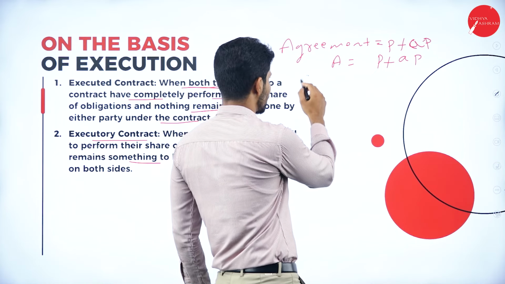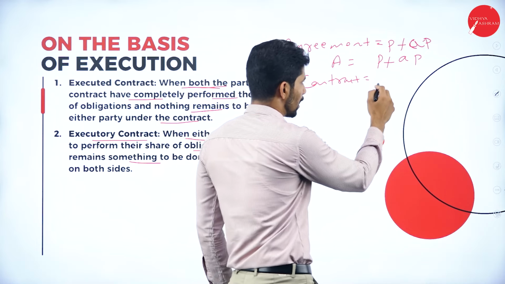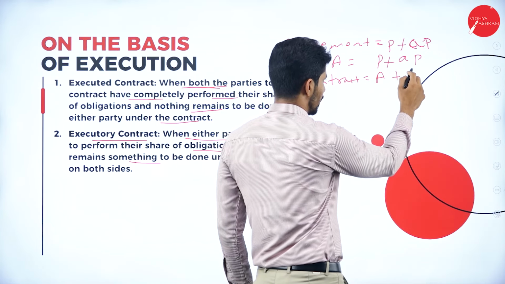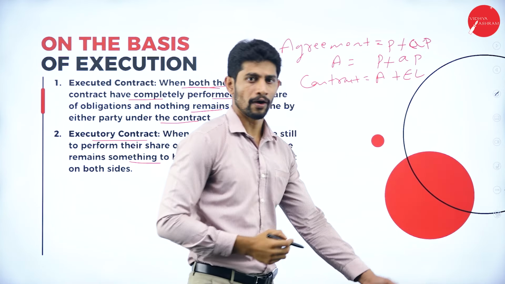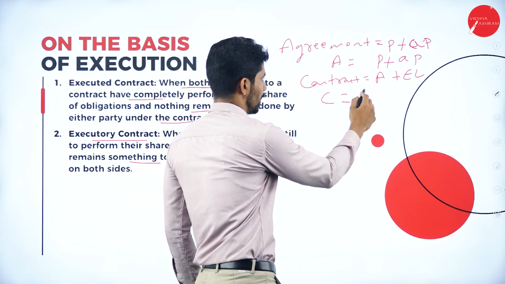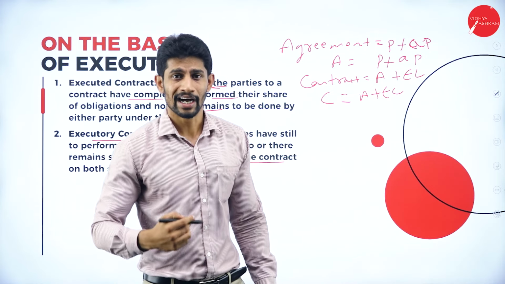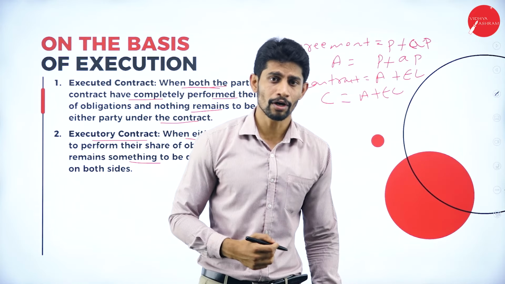Next, what is contract? Contract is nothing but agreement plus enforceability of law. So C equals A plus EC, that is contract equals agreement plus enforceability of law.